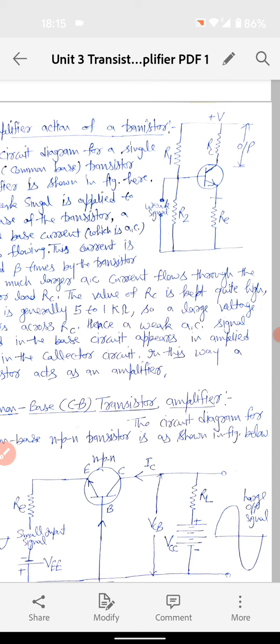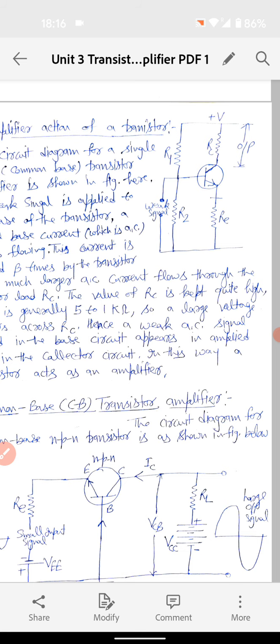This is known as amplifier action. This is the same as what we discussed earlier when we started this lecture: what is a transistor amplifier? In case of common base, the input current is the emitter current and the output current is the collector current, but that same current is transferred from input to output through low input resistance to large output resistance.